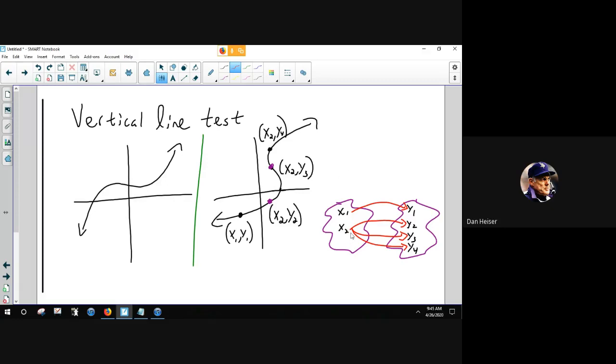This x value is only allowed to have one arrow leaving it. Notice that each y only has a single arrow. And that's okay. Y's are allowed to have single arrows coming to each value, or, as we saw before, a y value can have multiple arrows hitting it. X's, though, are not allowed to have more than one arrow leaving an x value.